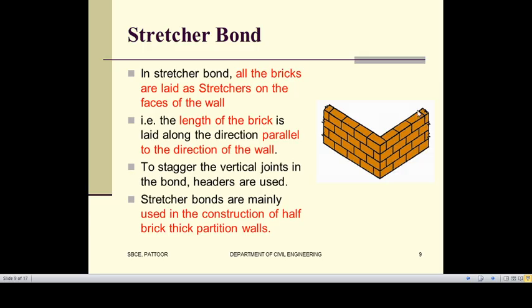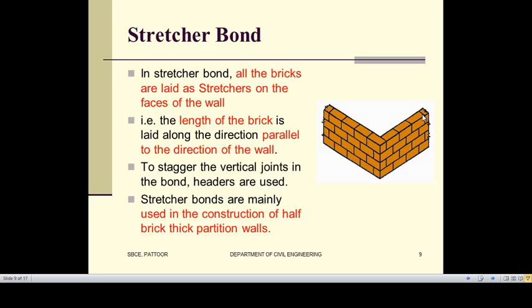So thickness of the wall is equal to the width of the brick, which is 10 centimeter or 100 mm. That is why stretcher bonds are mainly used in half brick thick partition walls. Partition walls are walls considered for the partition of a usable space.